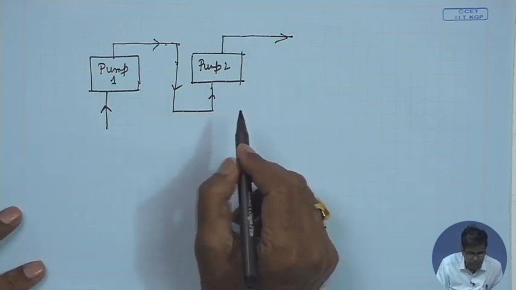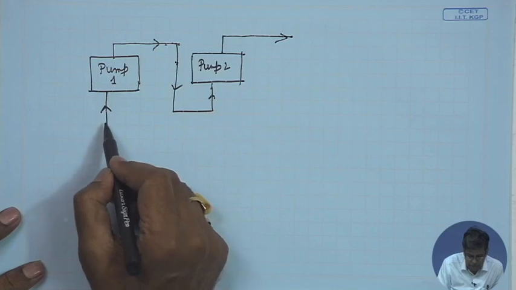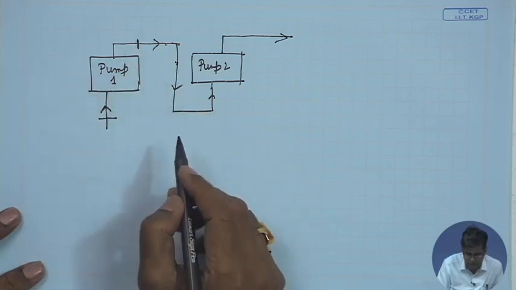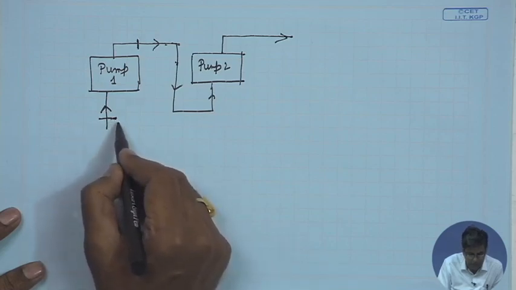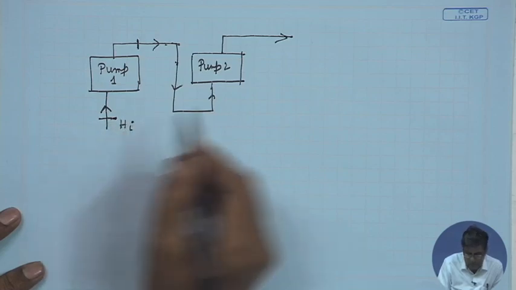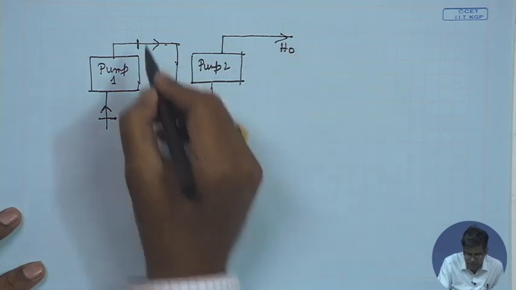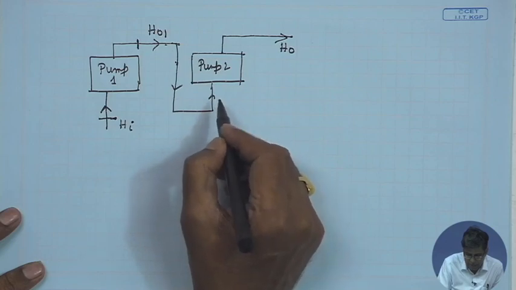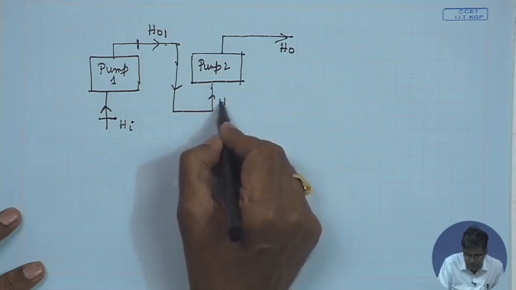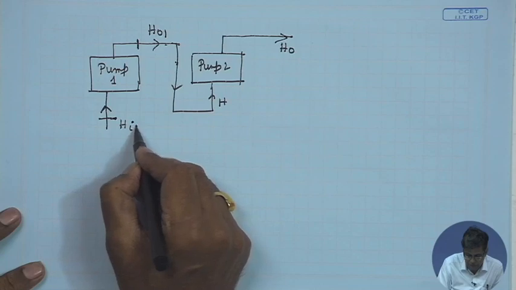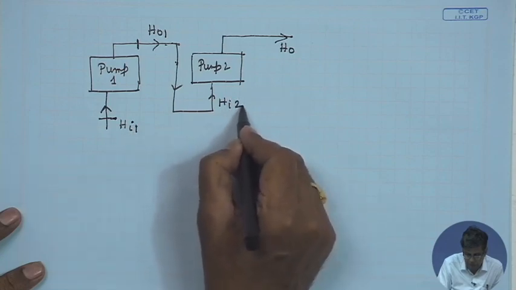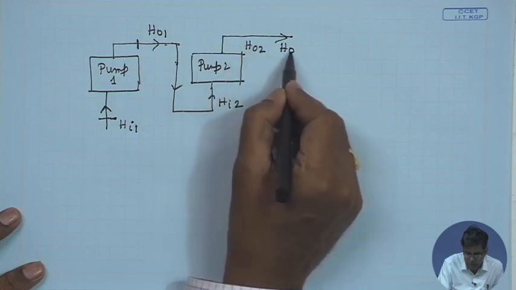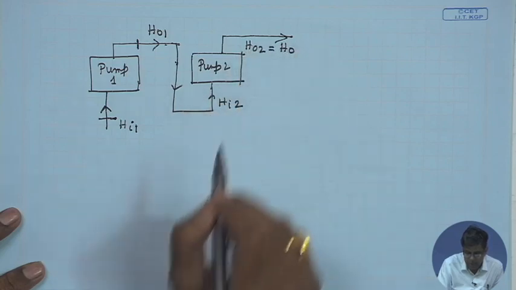So, you see the head developed by pump 1 is the difference of head at inlet and outlet. Let this be the inlet head HI1, and this the outlet head of pump 1, HO1. This is the inlet head of pump 2, HI2, and this is the outlet head of pump 2, HO2, which is equal to the head delivered.